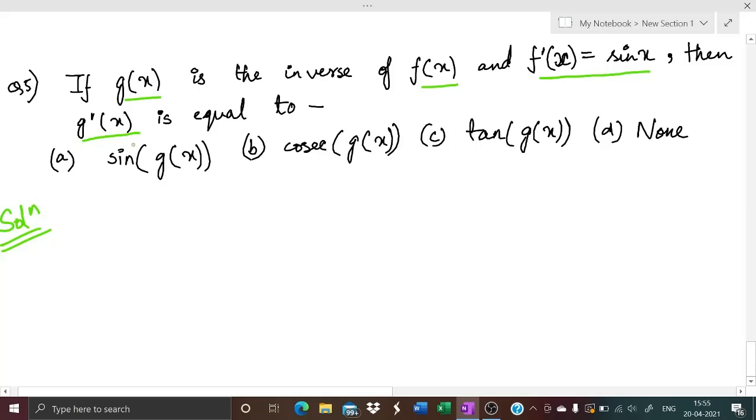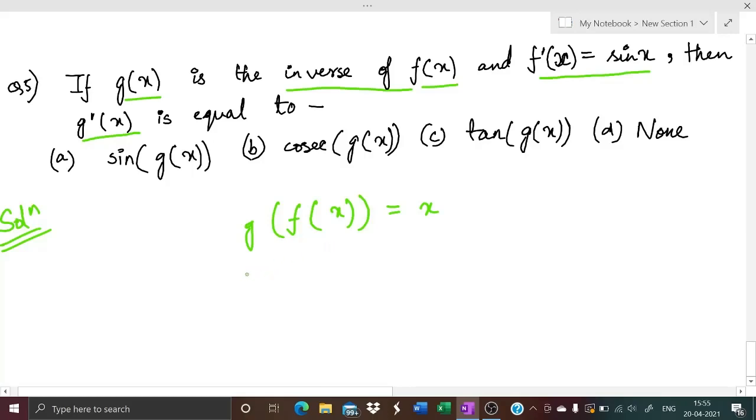Whenever you have been given this kind of questions, you have to take that basic equation of inverse, the basic equation which I said in the beginning, that if g is the inverse of f, then g of f of x equals to what? x. Fine.